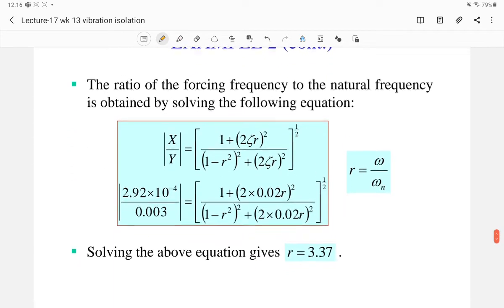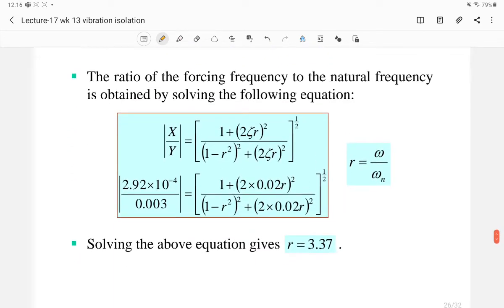And then you use the transmission ratio equation of the forcing frequency to the natural frequency. Because here you want to find the K, you have to find the omega n. What we use here is not the force transmission ratio, but the displacement transmission ratio, or your TD.